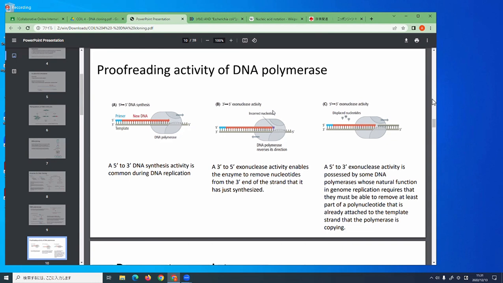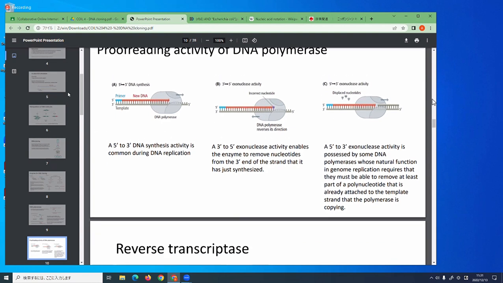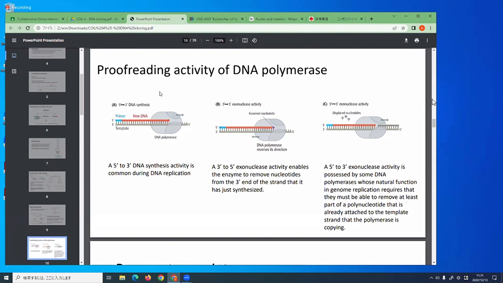This DNA polymerase has the ability to remove DNA from the opposite direction. So depending on how you clone, 5' to 3' exonuclease activity and 3' to 5' exonuclease activity are very important. You need to use them to achieve some cloning methods. But the normal PCR enzyme that we often use for detection and so on is just the 5' to 3' DNA synthesis.